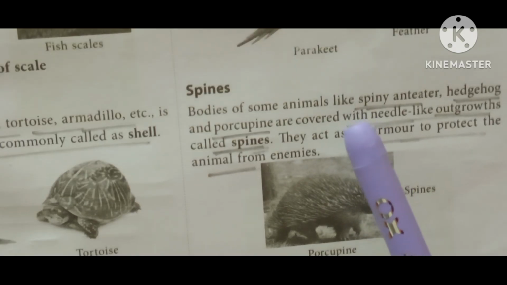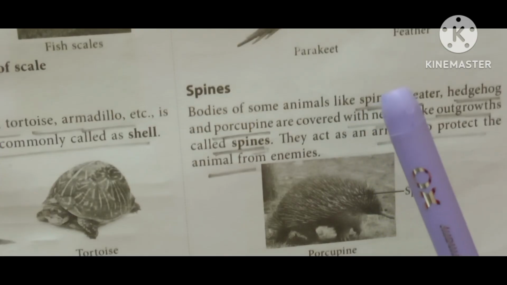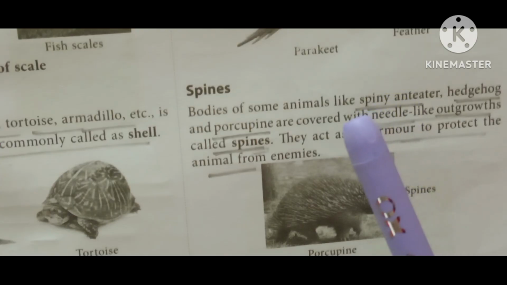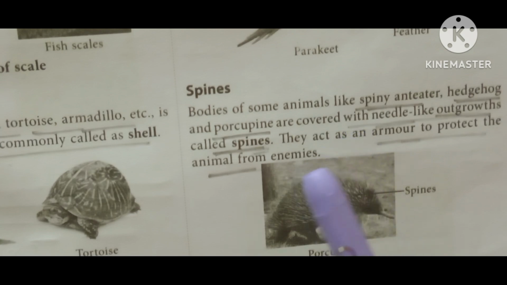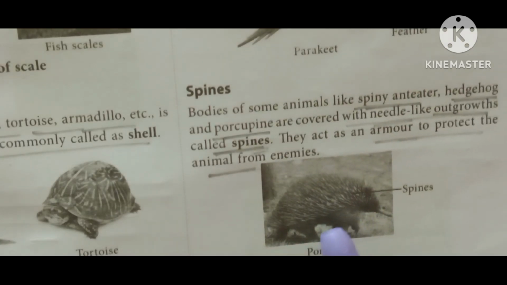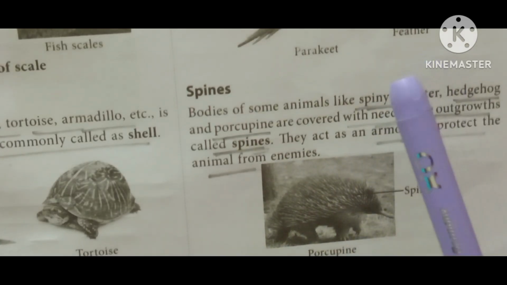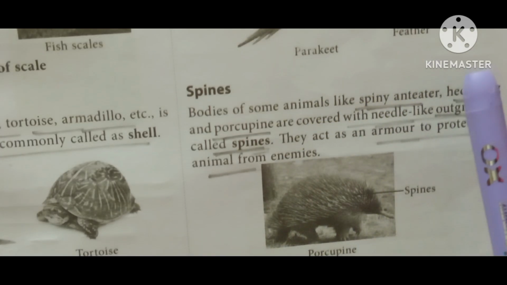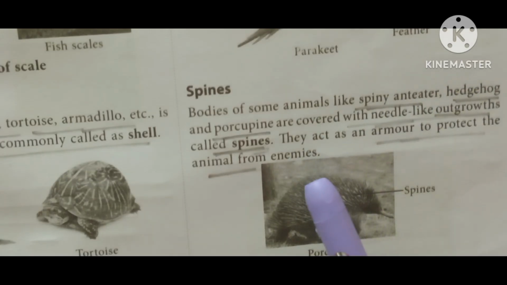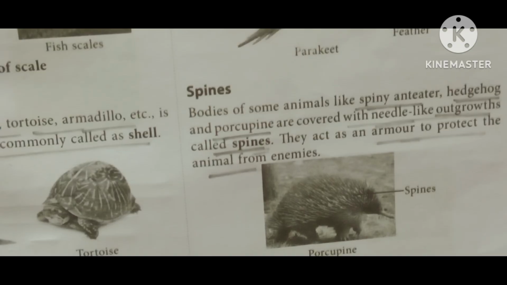They are very hard in structure, and they won't be attacked by enemies because they are very sharp in nature. Porcupines and hedgehogs are examples of animals that have spines. This is also one body covering.